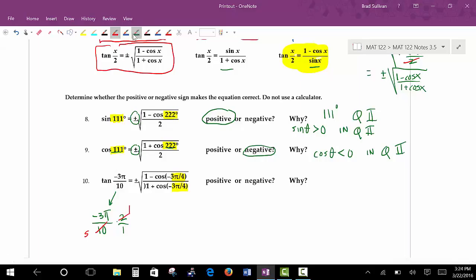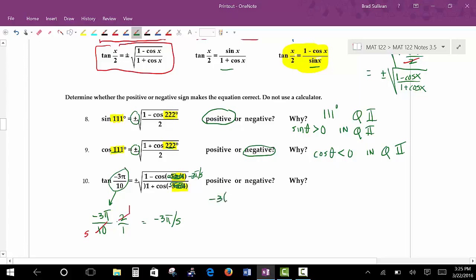So that angle was written wrong in there. That angle should be negative 3 pi over 5, okay, is what that should be. So you might want to scribble that out and just realize that that's supposed to be negative 3 pi over 5, okay?